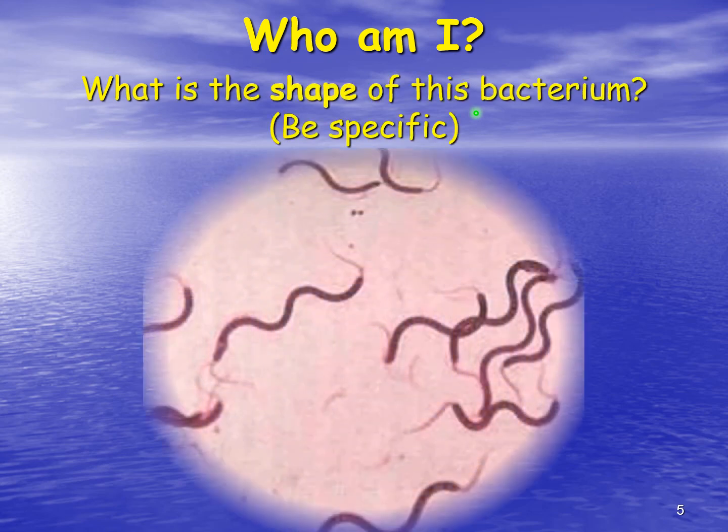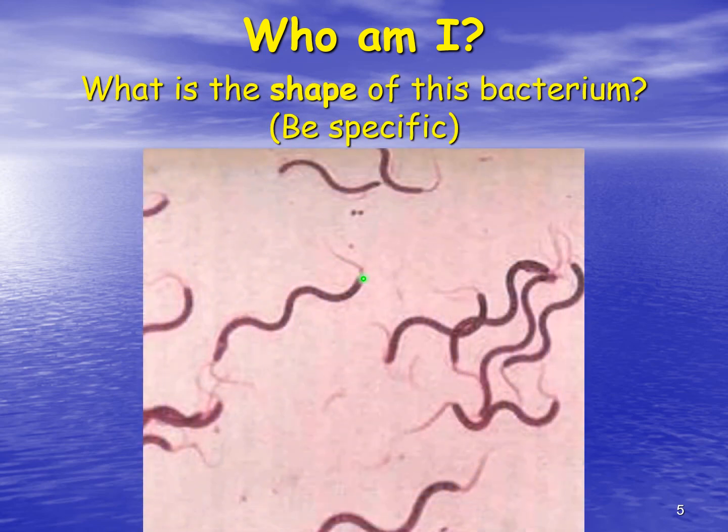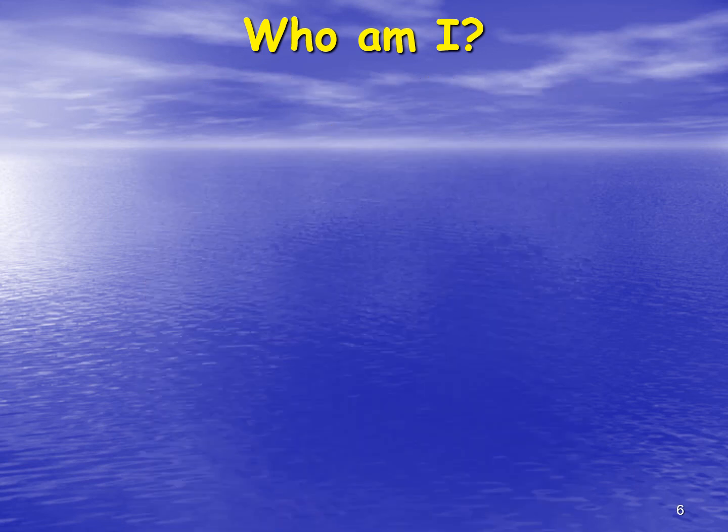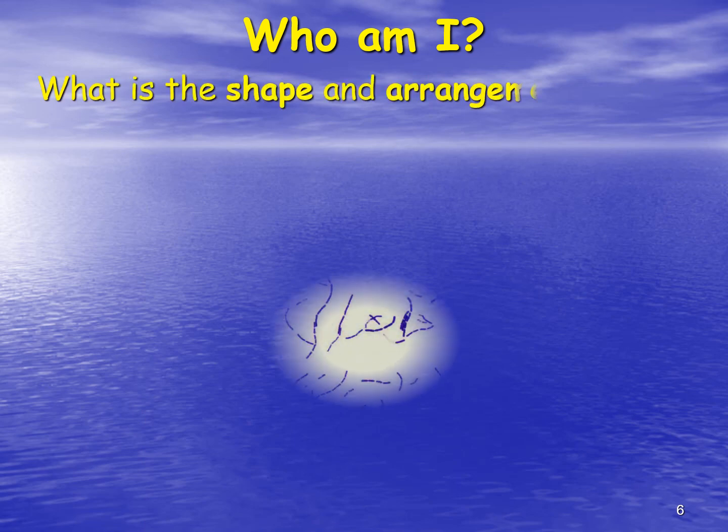What is the shape of this particular bacterium? And so here's one single bacterium. And you can see that they have about 3 twists along the long axis of the organism. And so this shape would be a spirillum, one of our spiral organisms.